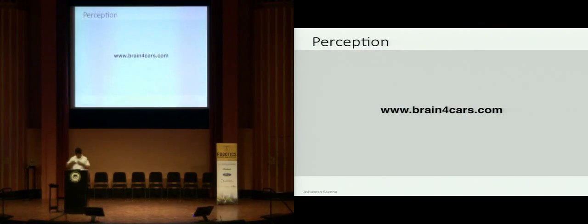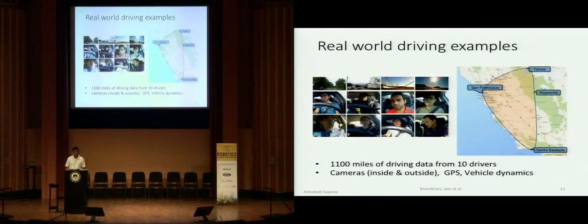All right, the point to take home in this video is that many of these physical systems, such as cars and robots, are working with humans all the time, and they have to interpret a lot of data streaming in, including the way a human is behaving. So in this particular example, we collected over 1,000 miles of data from 10 different drivers in a large neighborhood.